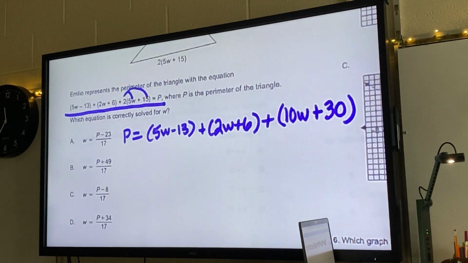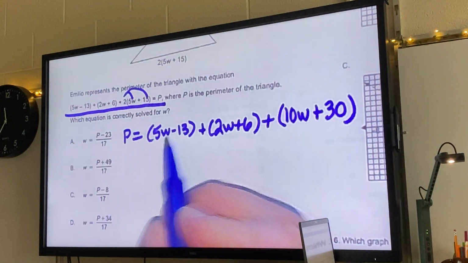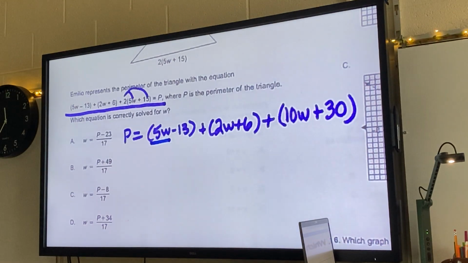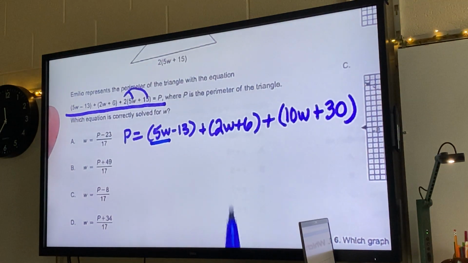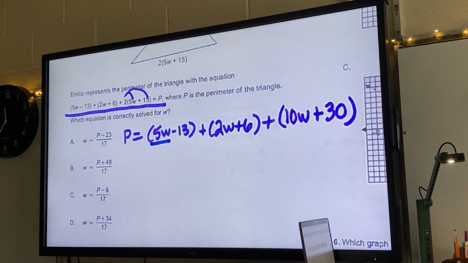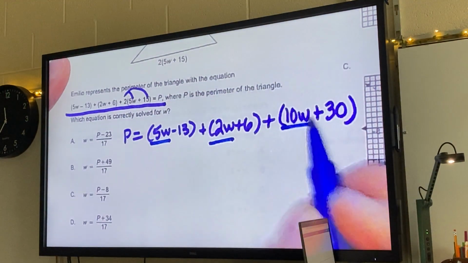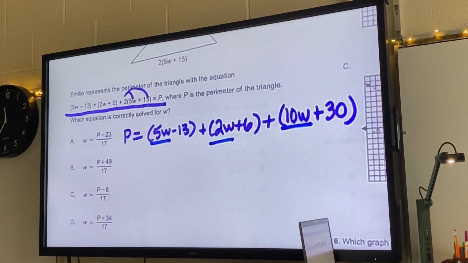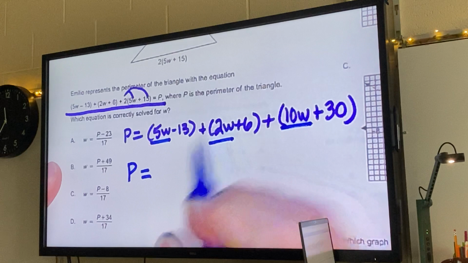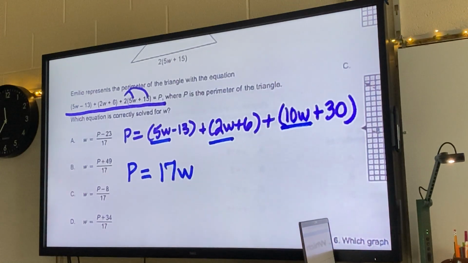So what can I hook up with 5W? 5 W's plus 2 W's plus 10 W's is how many W's? 17 W's. Yep. Then you can put all your constants together.